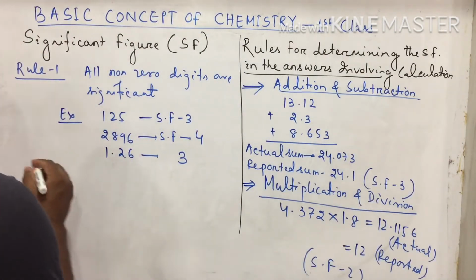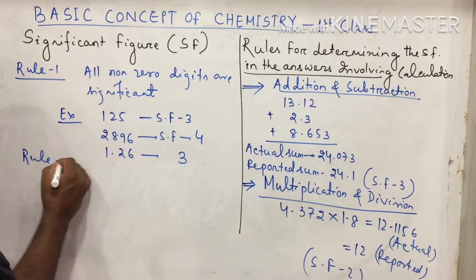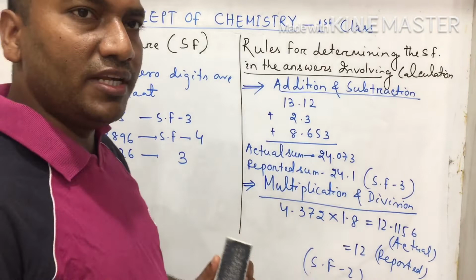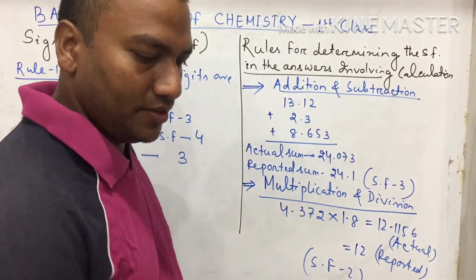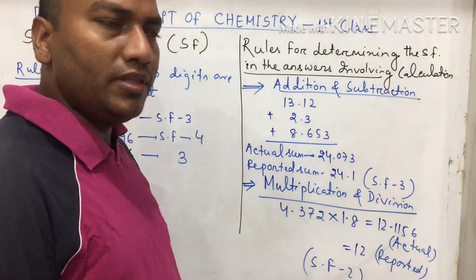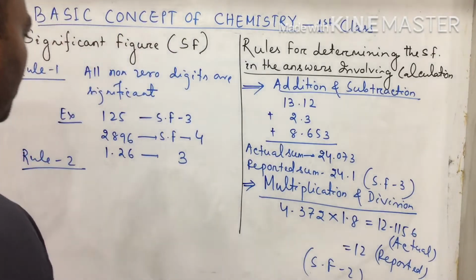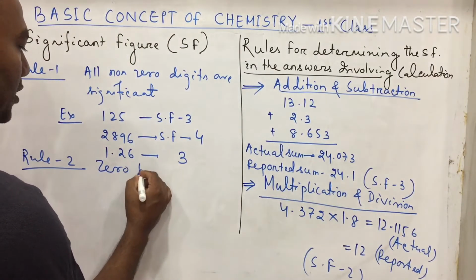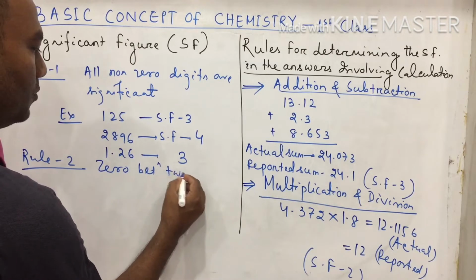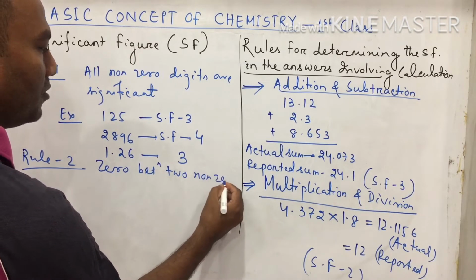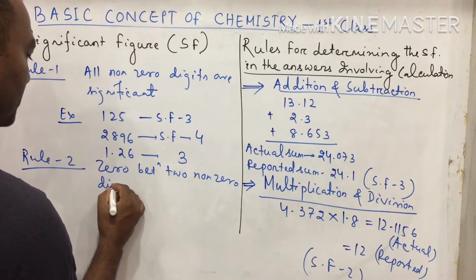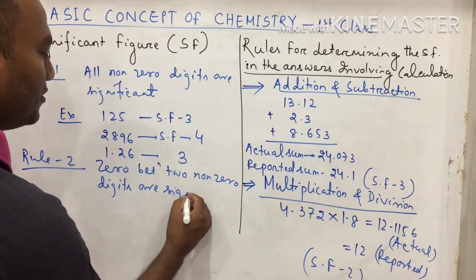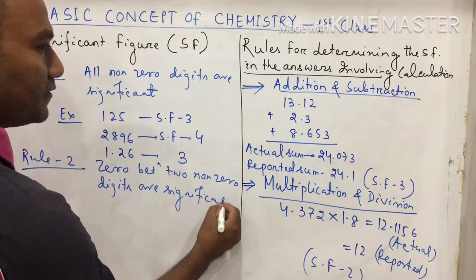Then the second rule is 0 between two non-zero digits are significant.